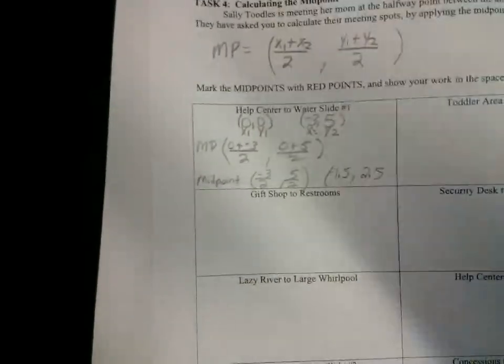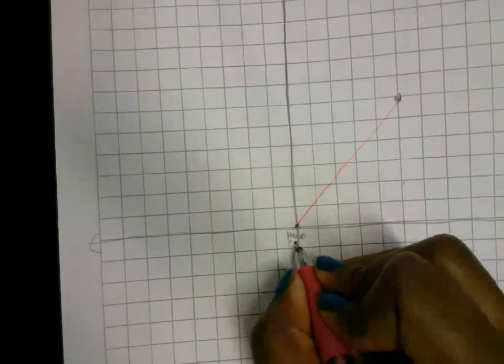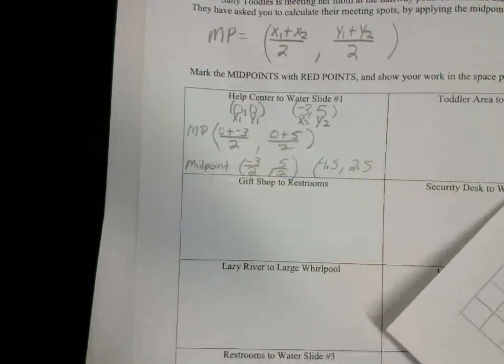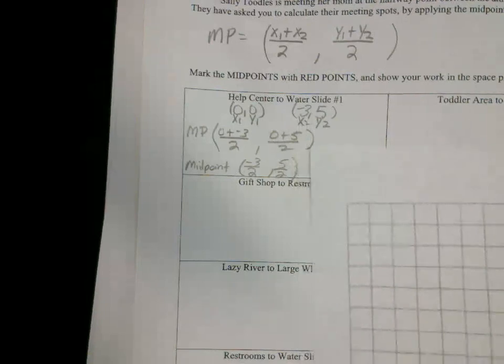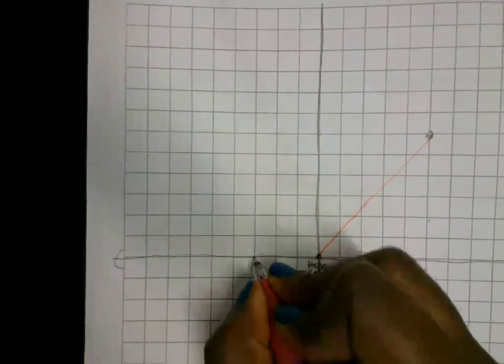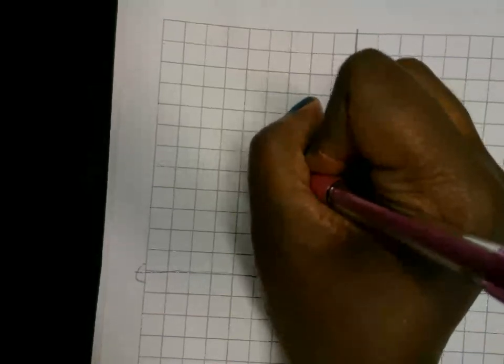All right. So I should already have those points labeled. My help center is already labeled. This is help center. Okay. My water slide, Lily water slide, is at negative 3, 1, 2, 3, 1, 2, 3, 4, 5, right here. Okay, and I label this as Lily water slide.